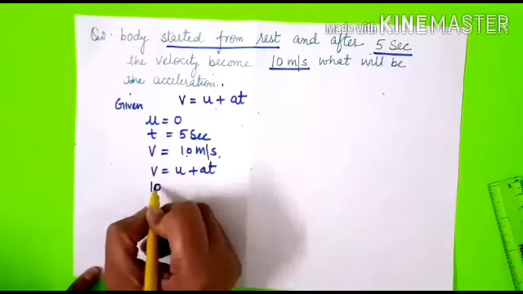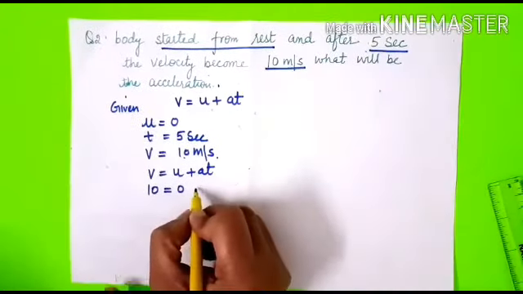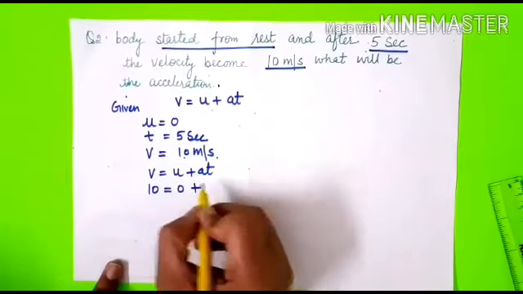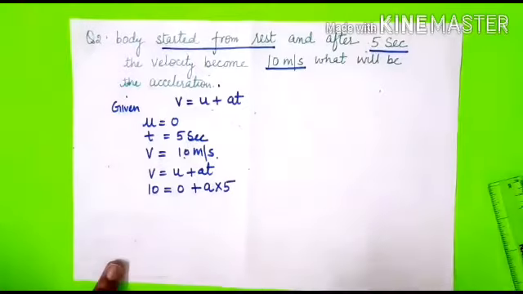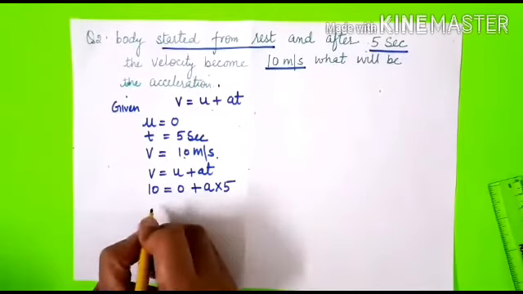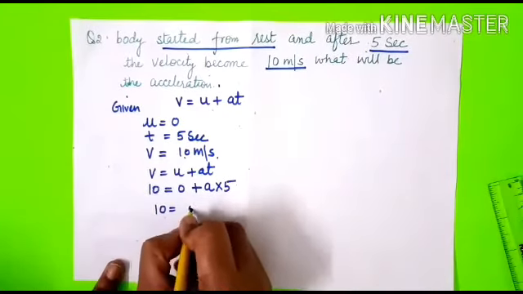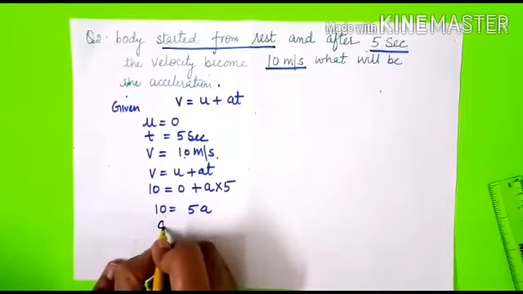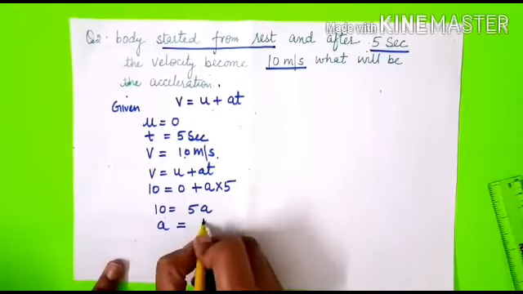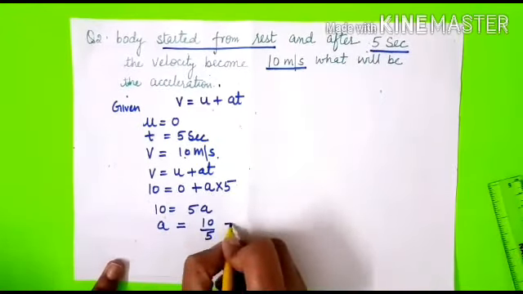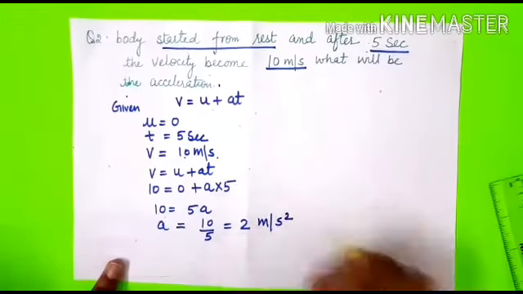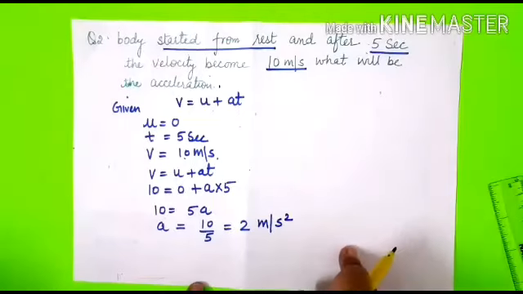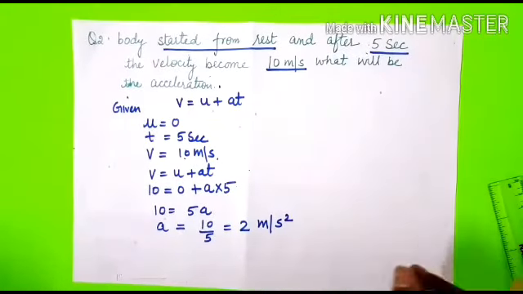V is equal to 10, U is equal to 0, A we need to calculate, into 5 seconds, right? So 10 is equal to 5A. So A is equal to 10 upon 5, means 2 meter per second square. In this way we can solve the numerical problem with the help of the first equation of motion.